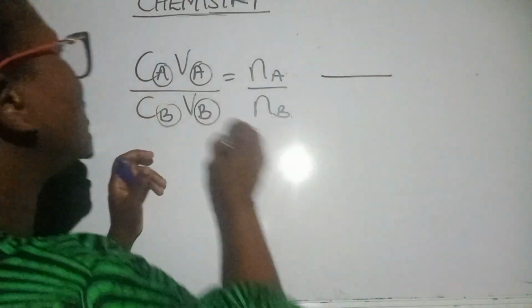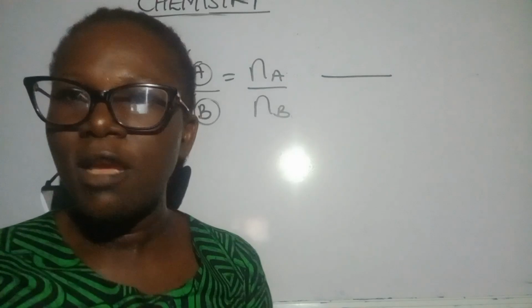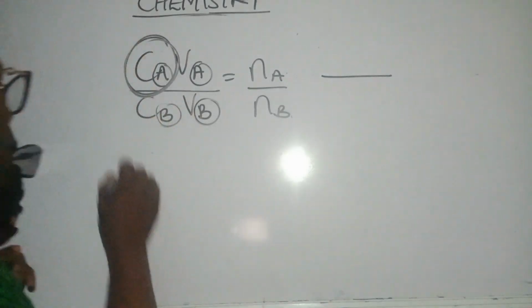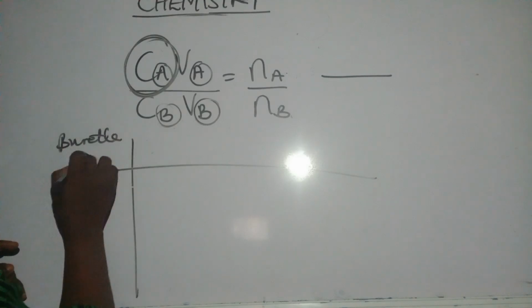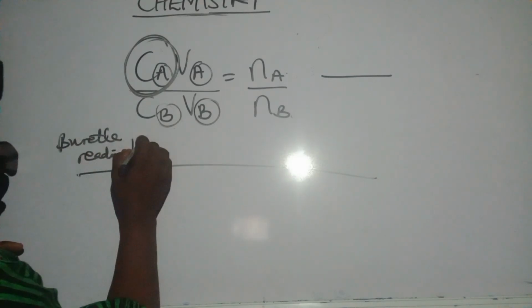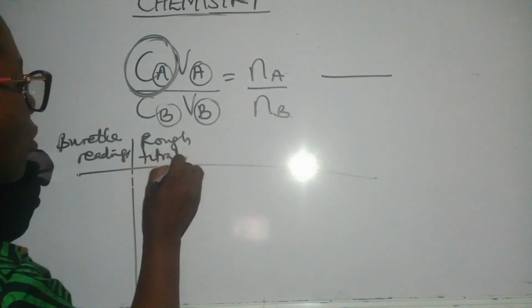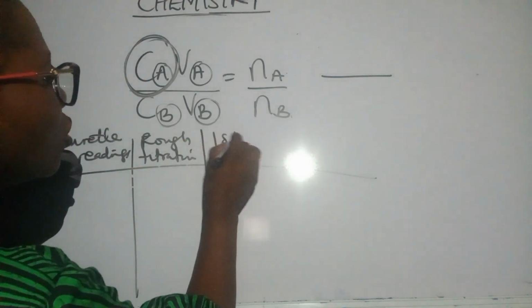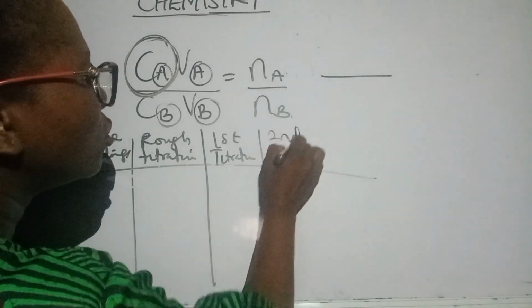Correct substitution, that is the correct value. This will be the average volume of acid that you get from your table. When you have a table of burette readings, you have the rough titration, first titration, second titration, third titration. Please always write it in full.